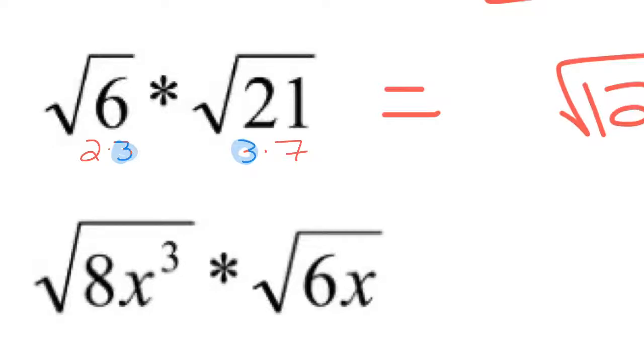So you can spot that before you even start, and then hopefully avoid getting a really big number like 126. So I knew these guys are going to come out of the radical and become a 3, and then these 2 things remained under the radical, and 2 times 7 is 14. So that's how I could do that in my head without going to 126.